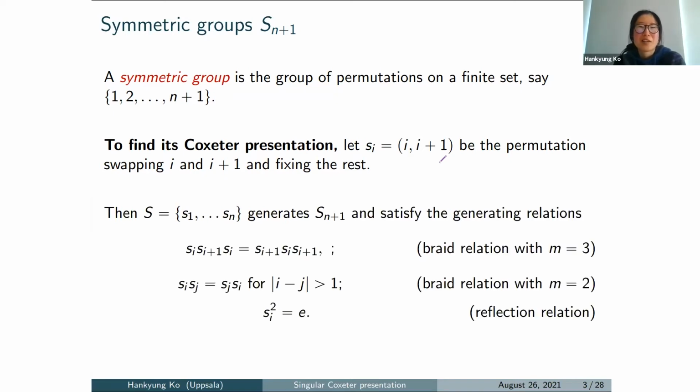They satisfy the desired relations, the braid relation, when i and j are i and i plus 1. When two generators involve some common number, we have this braid relation with m equal to 3. And if i and j are far apart, then they involve different numbers, so they commute. And these are reflections, so they satisfy the reflection relation.